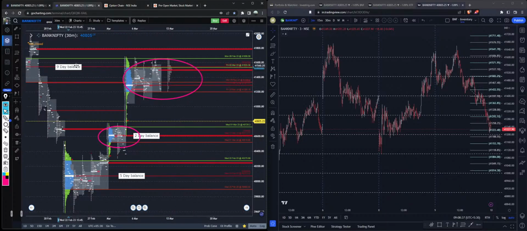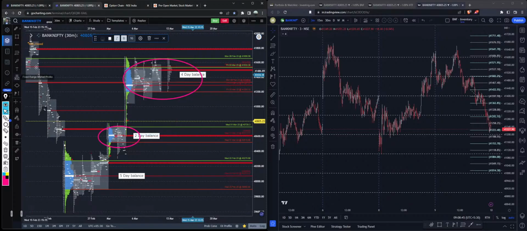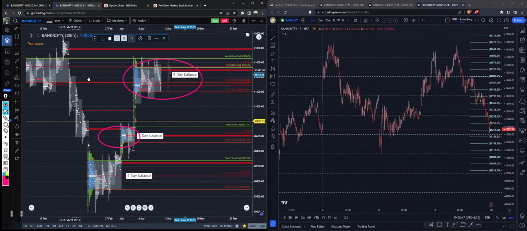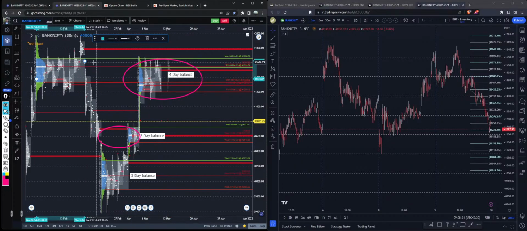This is where the supply came in, so I'll just ignore that, and I'll make this a 4-day balance, and I'll remove this particular balance. So refer to yesterday's video, this is where I shared that supply would come in. It did come in, they did a splendid job, and then there.